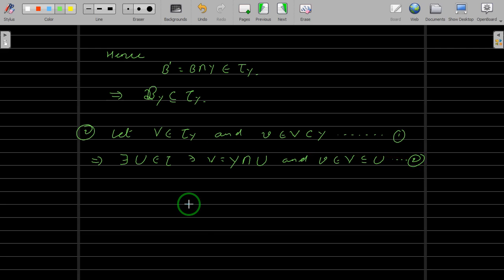Okay, now since again we will use the fact that this B is a basis for tau.